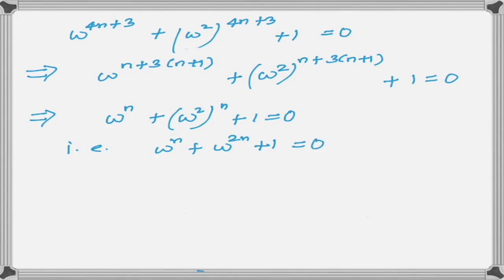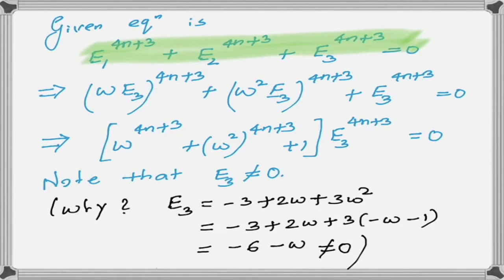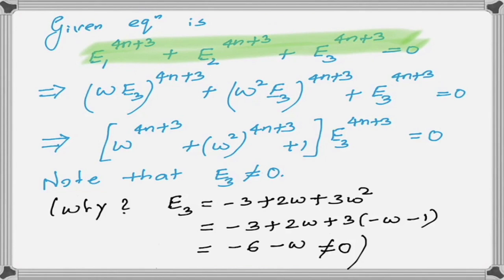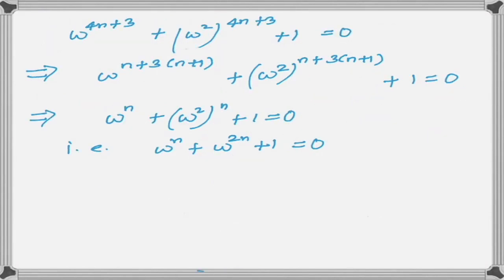Recall that in the question we are asked to find the values of n so that the equation given in green here is true. We have seen that this implies that omega to the power n plus omega to the power 2n plus 1 equals 0. In fact, we can reverse the arrows in all these implications and see that the equation given in green here is true if and only if omega to the power n plus omega to the power 2n plus 1 equals 0.